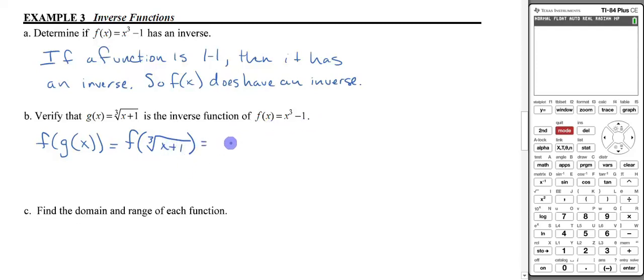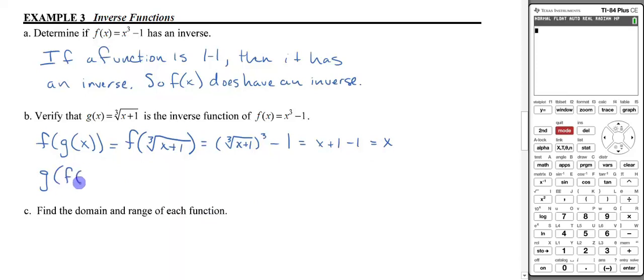The f function says we take some input, cube it, and subtract 1. What is that input? It is the g function, cube root of x plus 1. Simplifying this, I get x plus 1 minus 1, which is x.